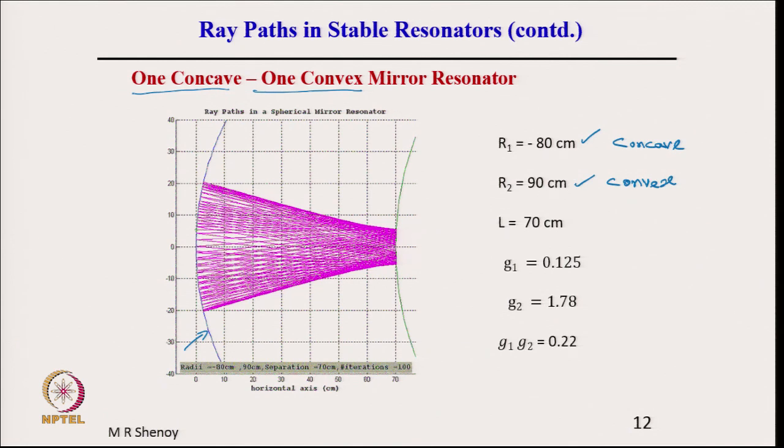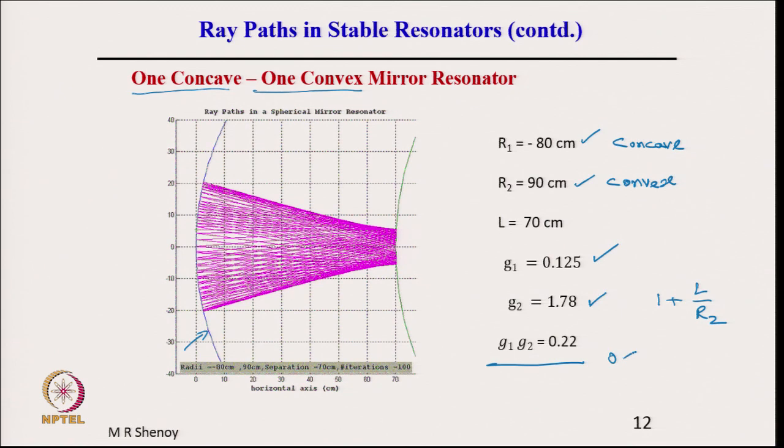separated by a separation of 70 centimeters. Note that G1 comes out to be 0.125, but G2 is now 1.78, because G2 is 1 plus L by R2. R2 is positive, L is 70, so this is more than 1, 1.78. However, the product comes out to be 0.22.